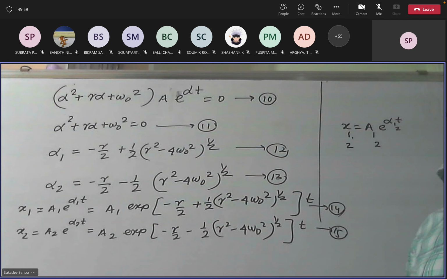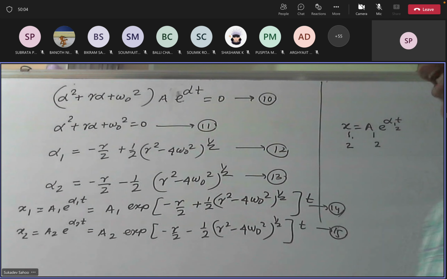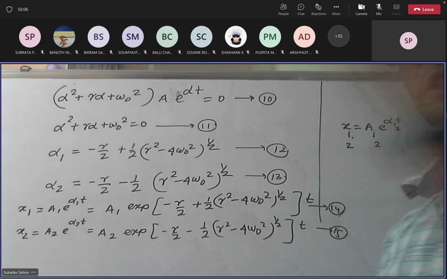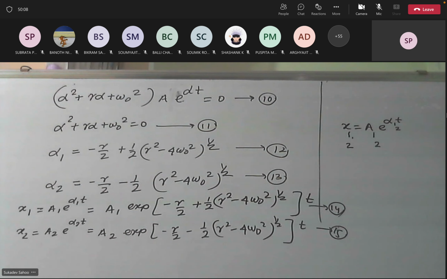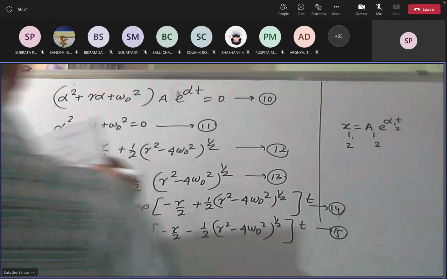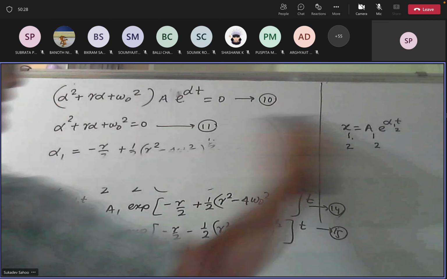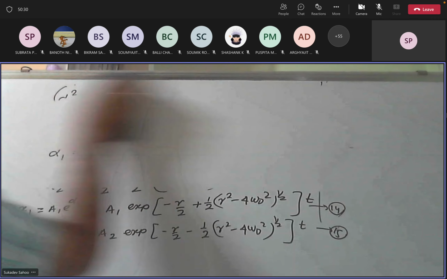Since equation number 4 is a second order linear differential equation, it has two solutions. Since it is a linear differential equation, x equal to x1 plus x2 is also a solution. Everybody clear? So now we can write the general solution x as x1 plus x2.